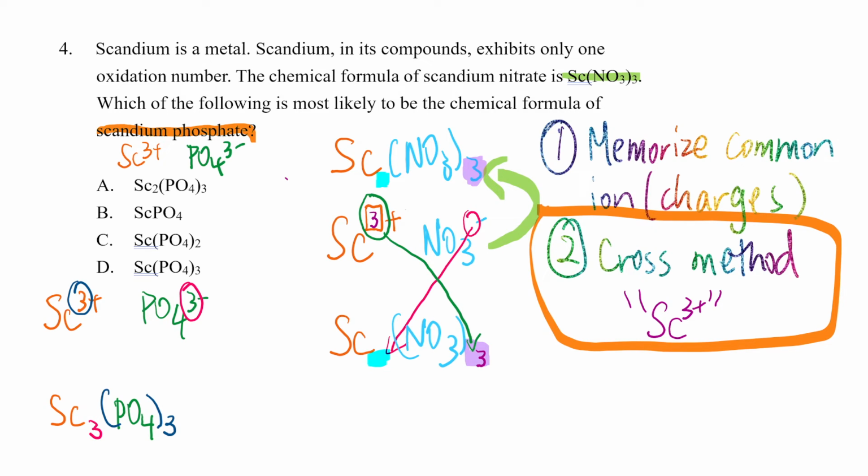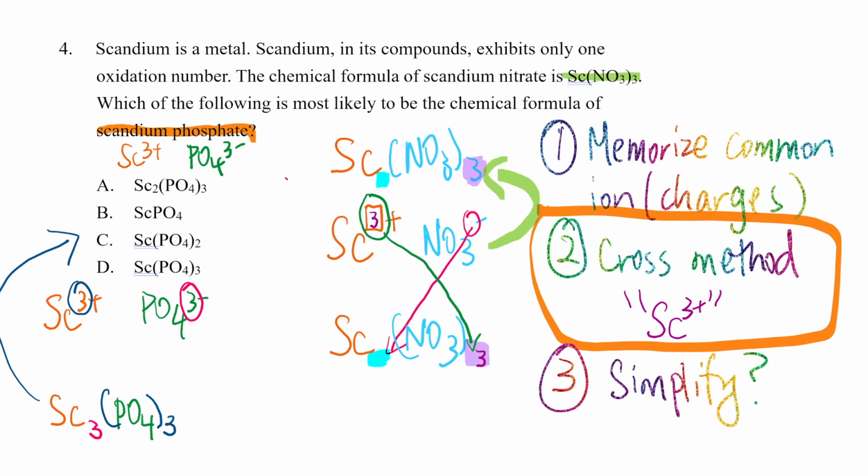We have Sc3(PO4)3. Now, is this the final answer? You'll see that none of these match our options here. The reason is that you need to double check whether you can further simplify it. So here, I'm going to add one last point. You need to check whether you can simplify it or not. Is it possible to simplify it? Yep, you can see on both sides there's 3, so you can cross it out.